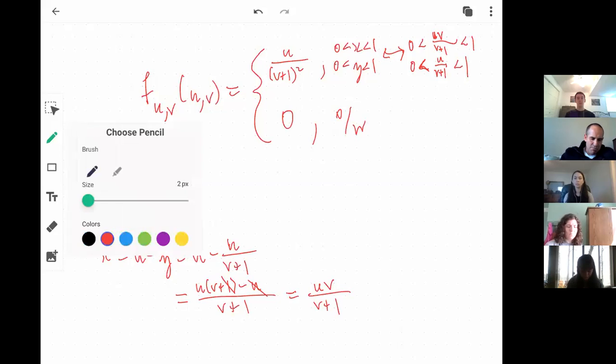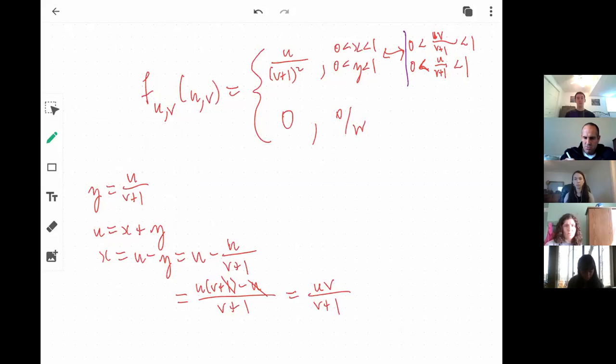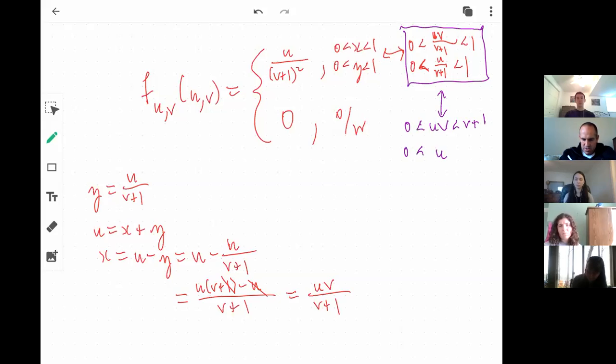Now I look at that and I say, what in the world is that describing? Look at that obnoxious thing. One thing you could do is multiply through by V plus 1 and say that just means 0 is less than UV is less than V plus 1, and 0 is less than U is less than V plus 1.